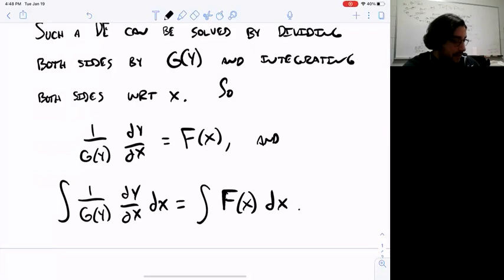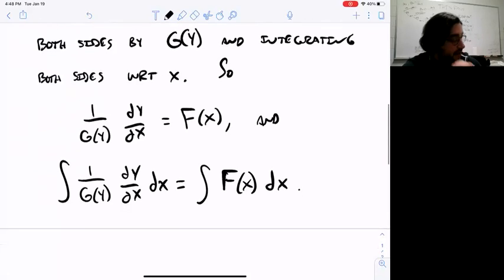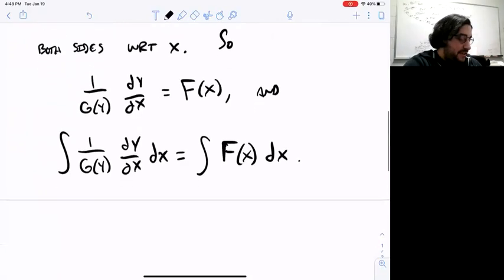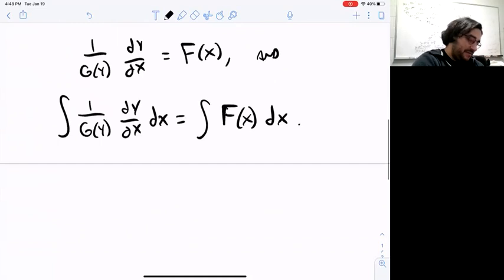But now look at the left-hand side. On that left-hand side, you have an integral of a function of y, namely 1 over g of y, times dy/dx, that integral with respect to x.